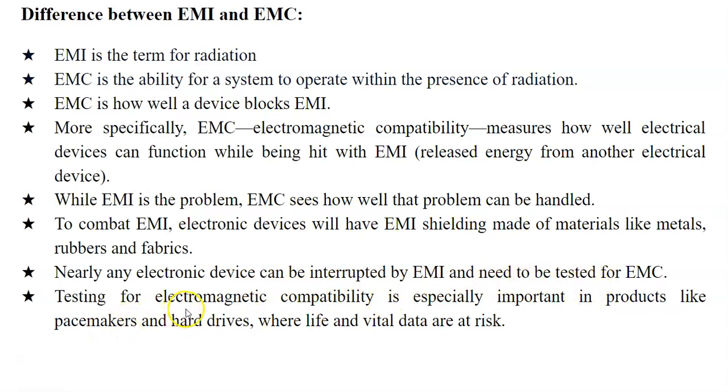Testing for EMC is especially important in products like pacemakers and hard drives, where life and vital data are at risk. So it is necessary to do electromagnetic compatibility testing for various electronic devices.